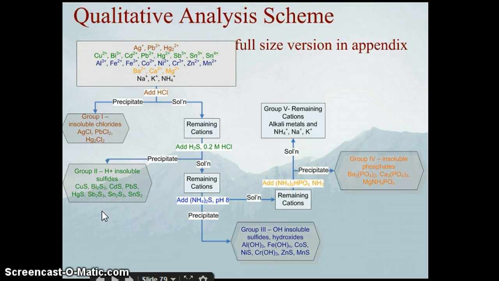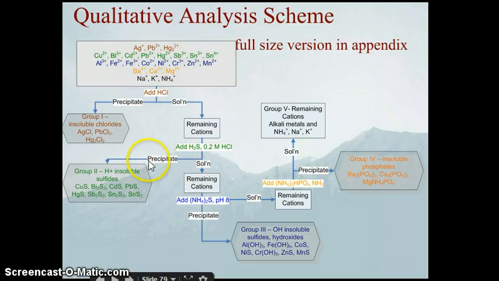So copper, bismuth, cadmium, at least one of those exists in our original solution. Could there be two? Yes. Could there be four? Yes. We have no idea. All we can say is, if we get a precipitate after this step, at least one of those is in our solution. If we don't get a precipitate, we know that we have none of those.